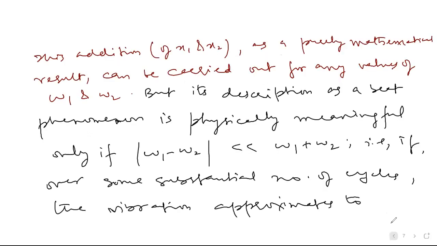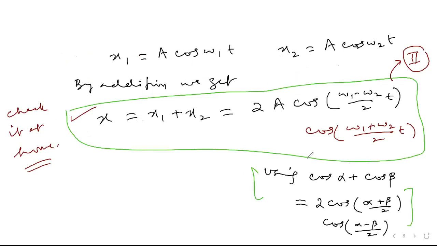You can see the resultant displacement has frequency (omega 1 plus omega 2) by 2, and this thing is its amplitude, which is changing with time periodically because it contains the cos, right?